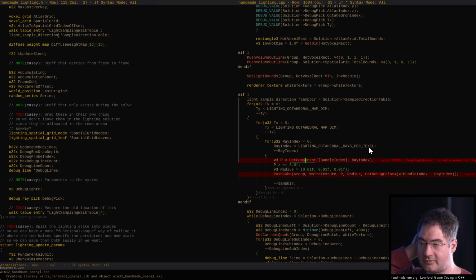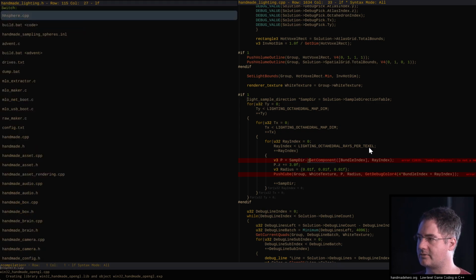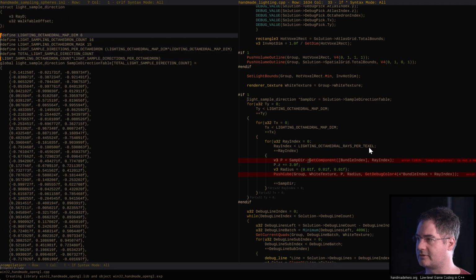The position of this thing looks like we're just kind of hacking it. So we can literally just say the sample direction, I don't remember the actual name for this, it's ray D, I guess.